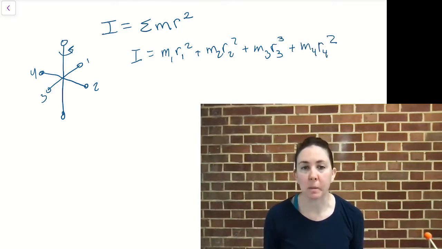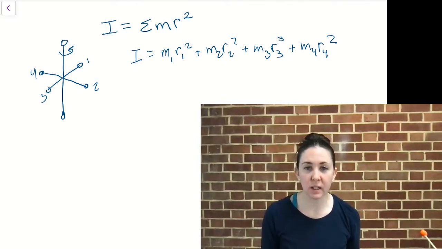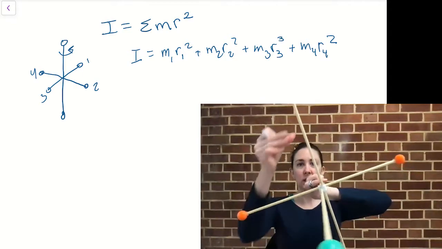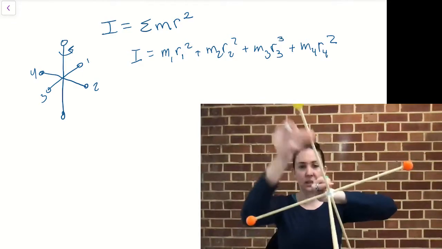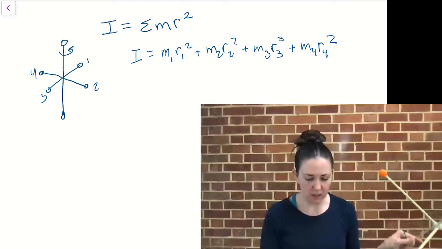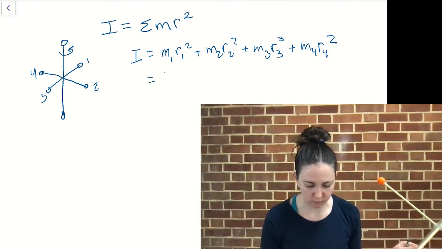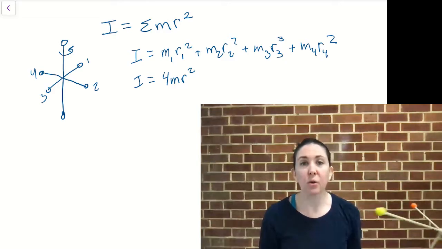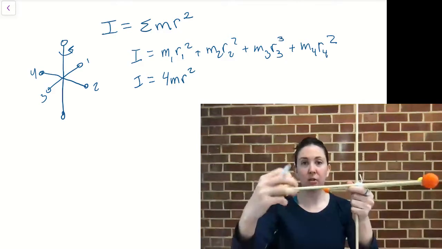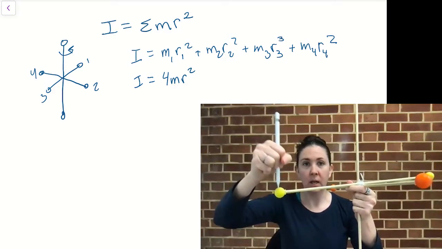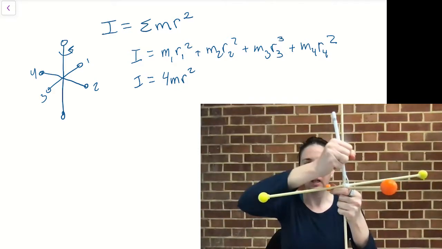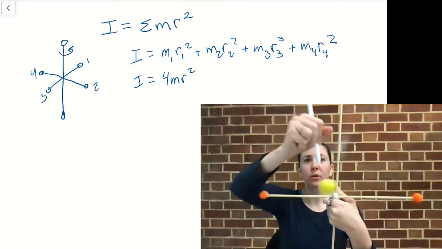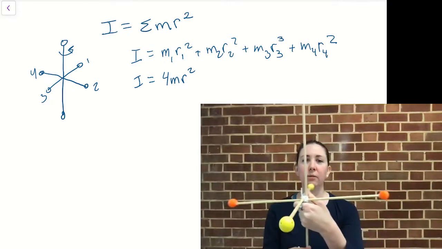If they all have the same mass and they all have the same distance from that axis of rotation, then this just easily turns into 4mr squared. So the rotational inertia of a point mass, just one mass at some distance, is mr squared. Because we have 1, 2, 3, 4, we get 4mr squared.